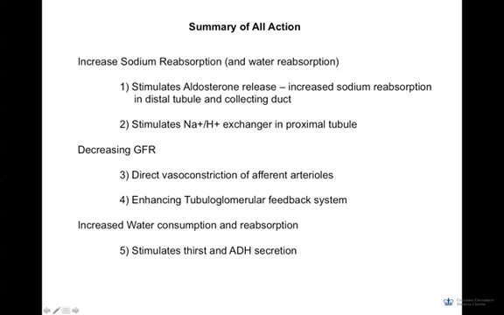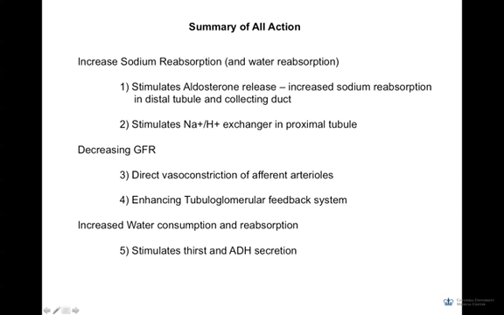Second category is decreasing GFR, which minimizes urine production and fluid loss. Angiotensin II decreases GFR by direct vasoconstriction of the afferent arterioles and by enhancing that tubuloglomerular feedback system.